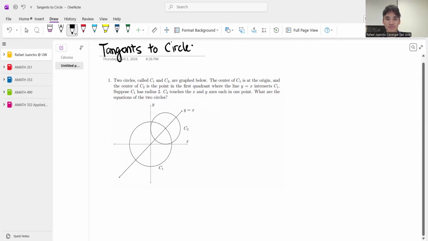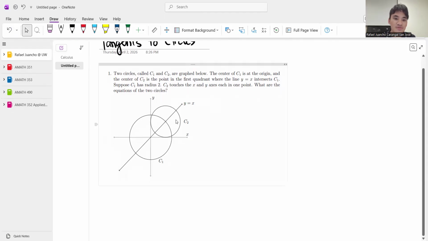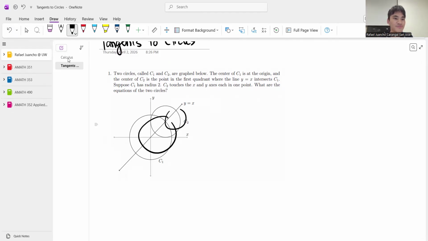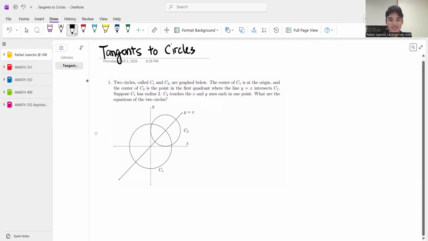Okay, how do we go about this? Let's try this out. Here we have two circles, and we have a name for them: C1 and C2. The center of C1 is at the origin. The center of C2 is some point in the first quadrant, because this is the XY plane.